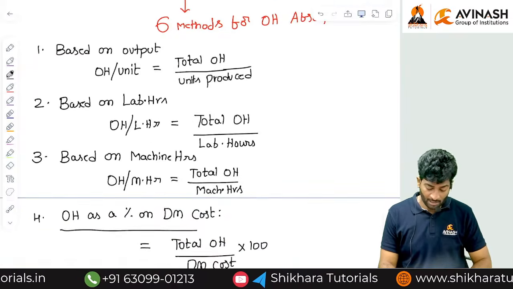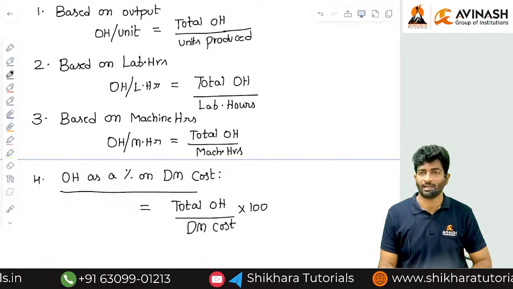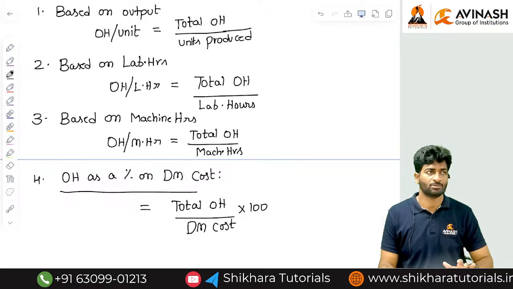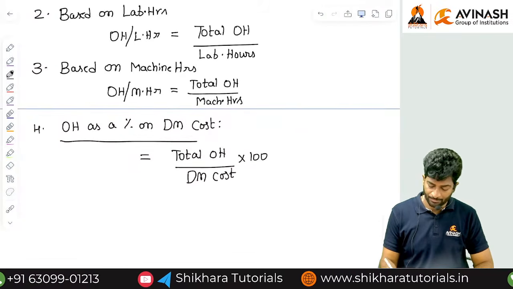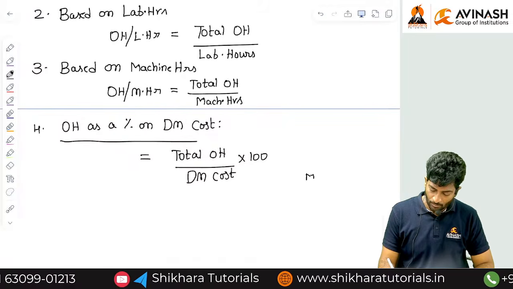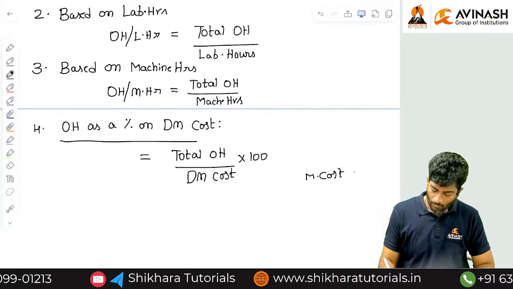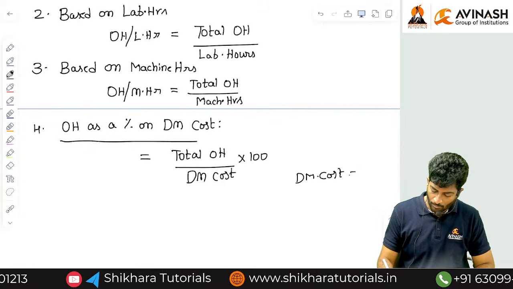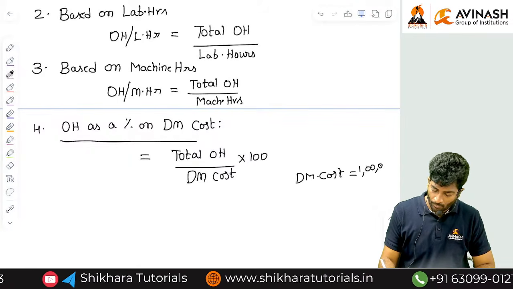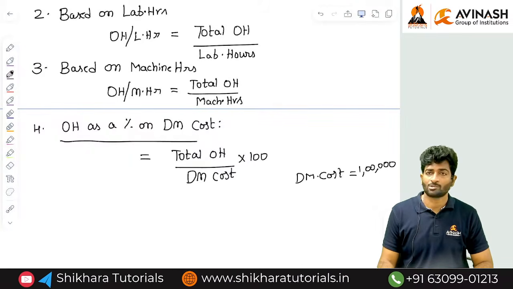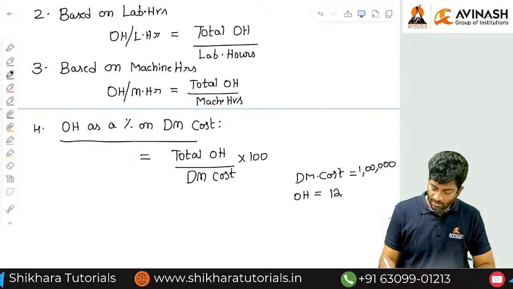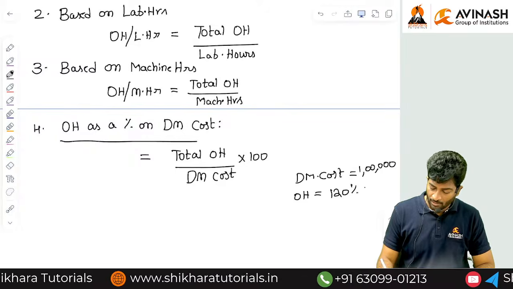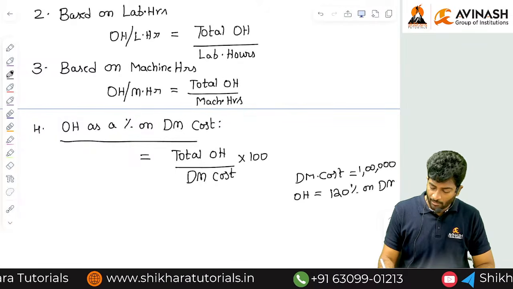And fourth method, overhead as a percentage on direct material cost. Say for suppose material cost is 1 lakh. Company is absorbing overhead 120% on direct material cost.